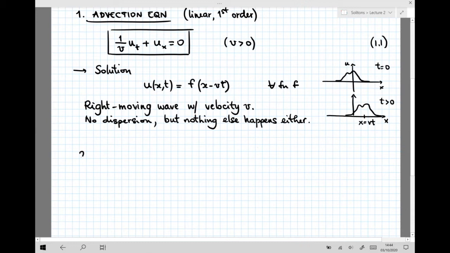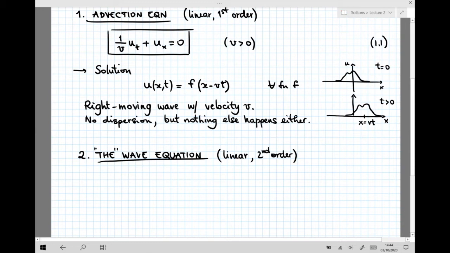The next example is the so-called wave equation. There are many wave equations, but this is the most famous one, so we'll call it the wave equation, which is also a linear partial differential equation, but now it's second order.